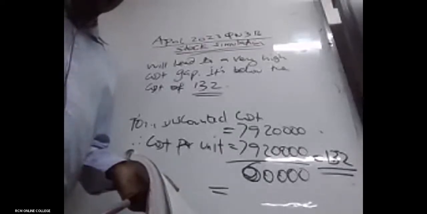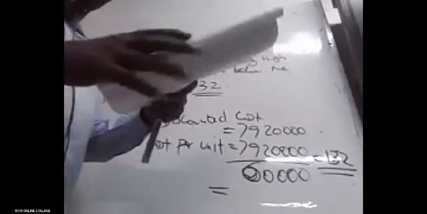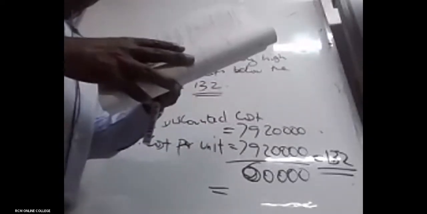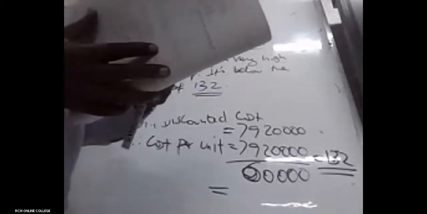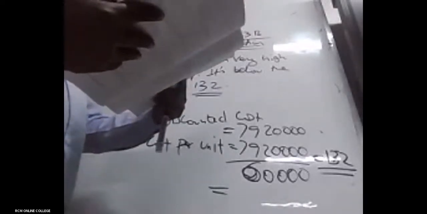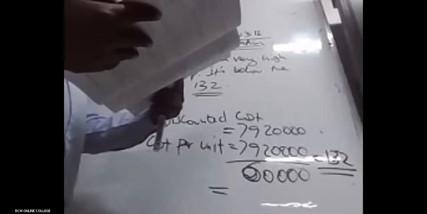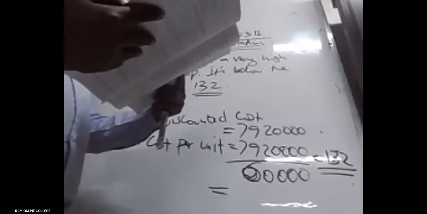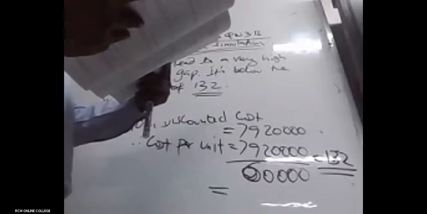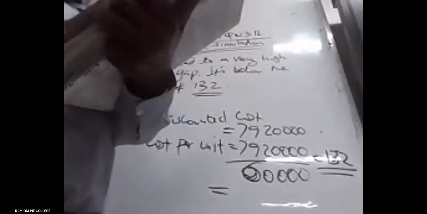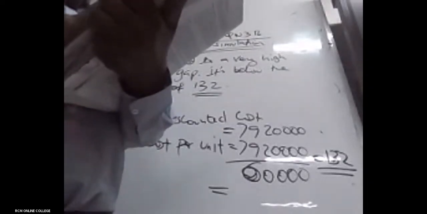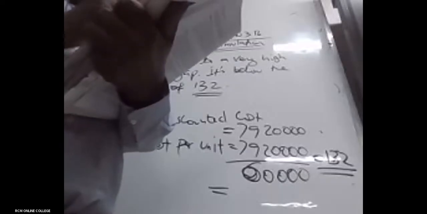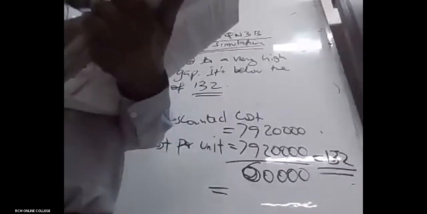Part 2 statement, what of this? There is somebody, in this case here, who wants us to use a selling price of 120. Comment on the target price by the marketing director and suggest ways of reducing any cost gap. So you see, ladies and gentlemen, the marketing director believes that customers could only pay what here? 120 per unit.